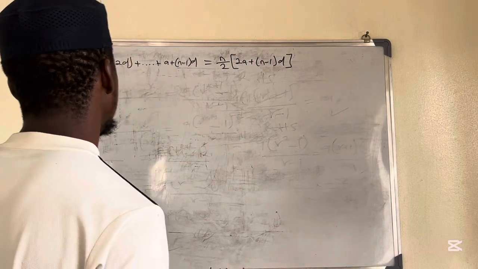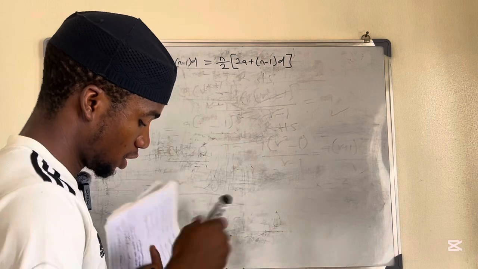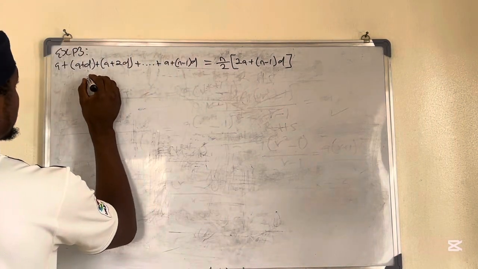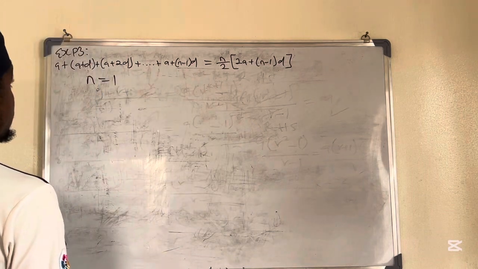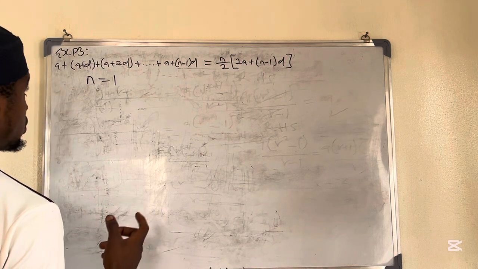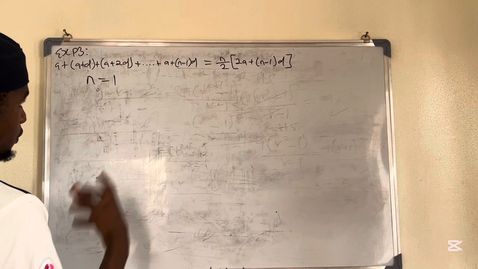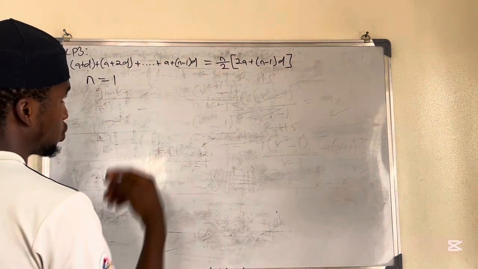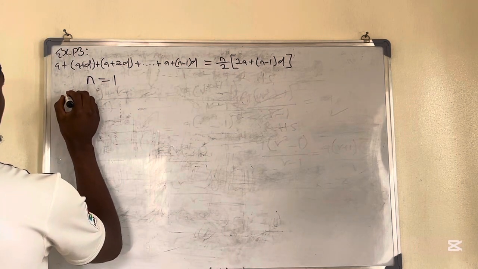I'm going to be a bit fast since it's the last example. To prove that n is equal to 1: for our left hand side, n equals 1 is always our first term, n equals 2 is our second term, and n equals 3 is our third term. For the left hand side, we substitute the value of n, which is 1, anywhere we see n. So the left hand side is a.